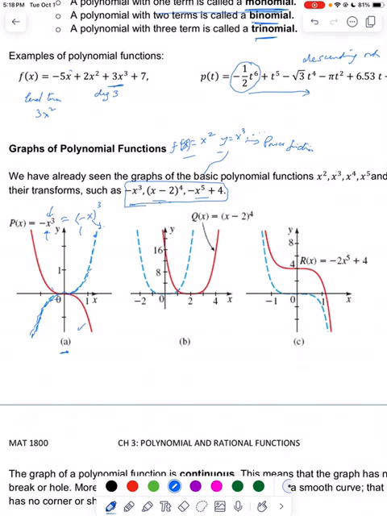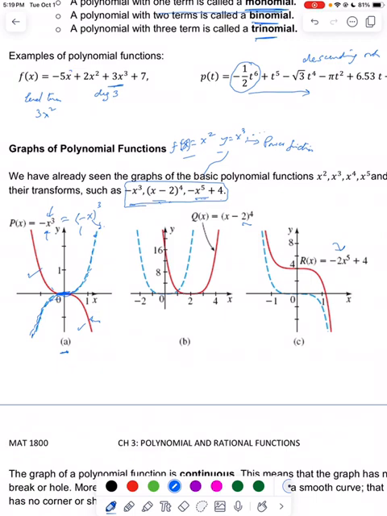Negative x to the 5 will look similar to what we saw in figure A. The graph of x to the 5 will look very similar to x cubed, only a little bit flatter where it bends. So we have negative x to the 5, which will look very similar to negative x cubed, but now we have to raise it 4 units up. This is what the graph looks like.